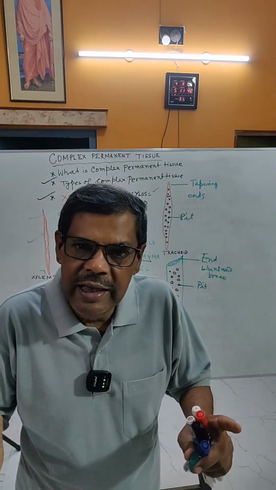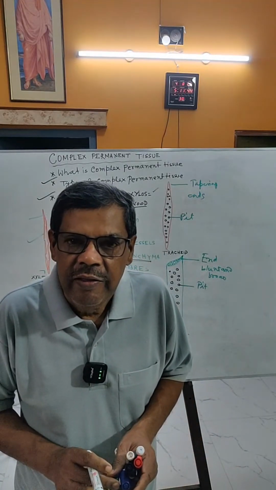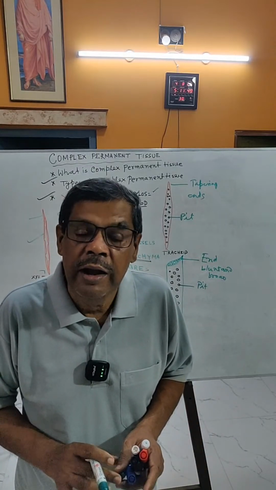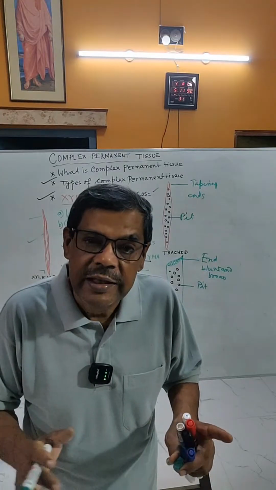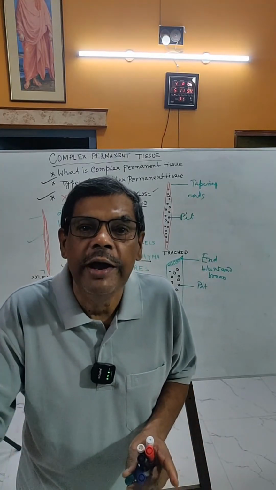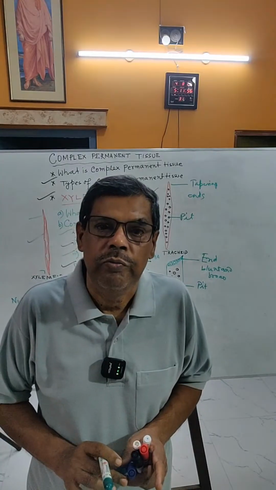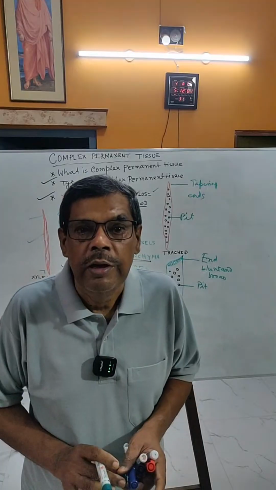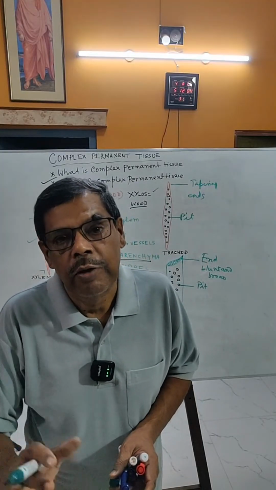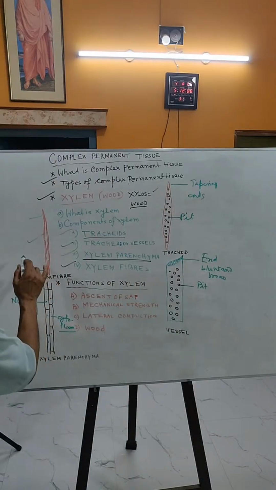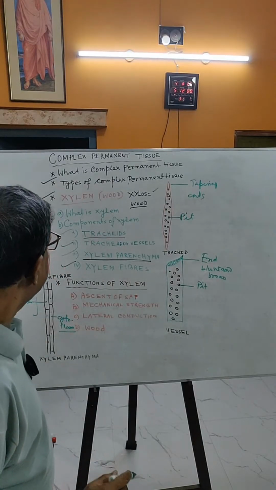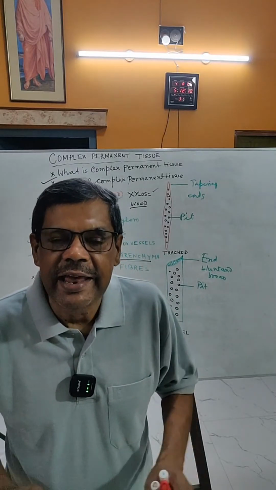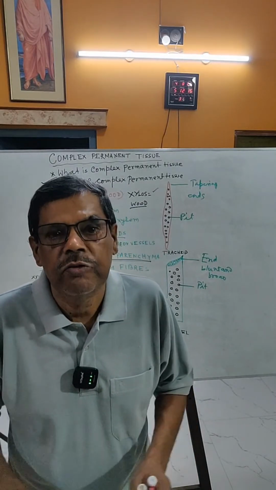On the cell wall, pits are also present, and there is very heavy thickening on the inner side. The lumen is not wide but very narrow. They perform the function of mechanical strength to the plants. These are xylem fibers. The scientist Nageli, in 1858, discovered the xylem.